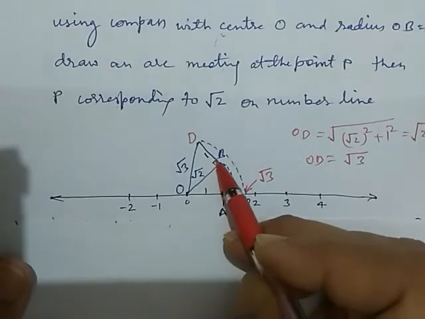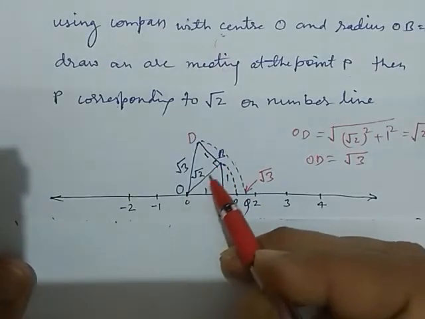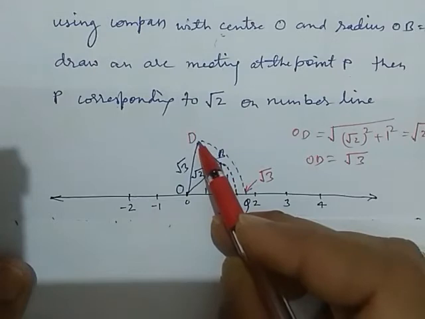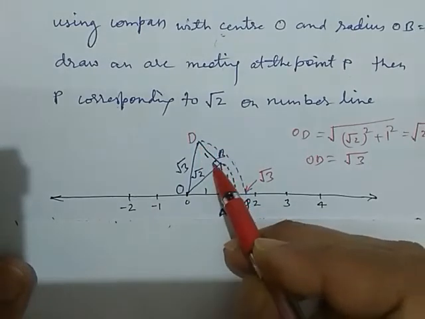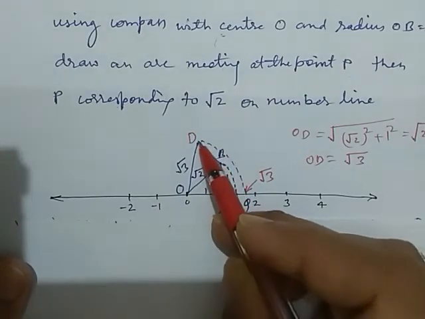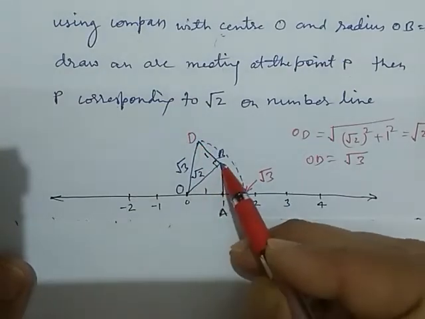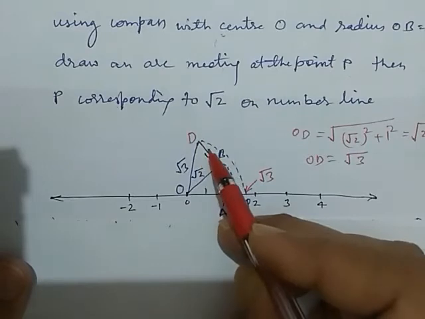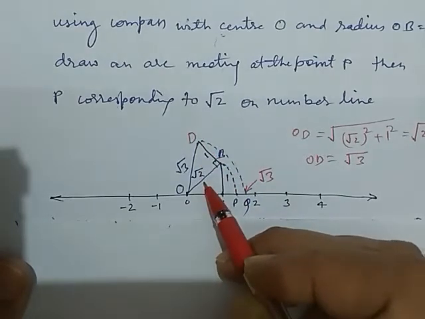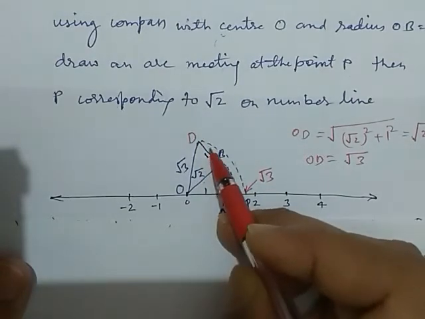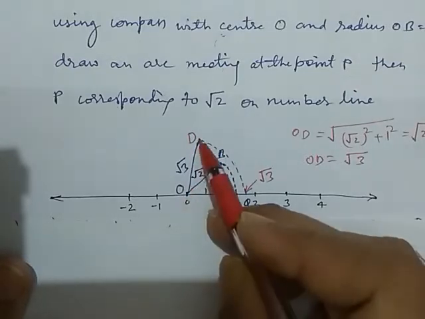Here this is the sign of a 90-degree angle. So this is root 2, and the perpendicular to it is at a 90-degree angle. We take 1 unit, so this becomes the base and this becomes the perpendicular. So the square of this plus the square of this, then taking the root, we get OD.